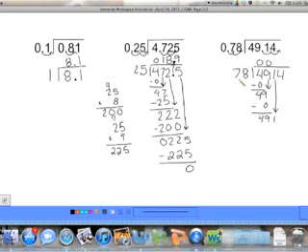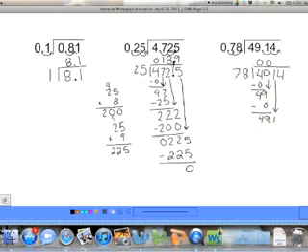So we know 78 is about 30, 20, somewhere around there, less than 100. We know 490 is less than 500. So we know if they're both a little bit less, we could try 100 times 5 is 500.